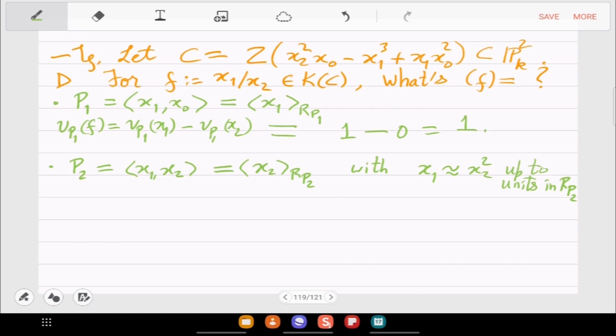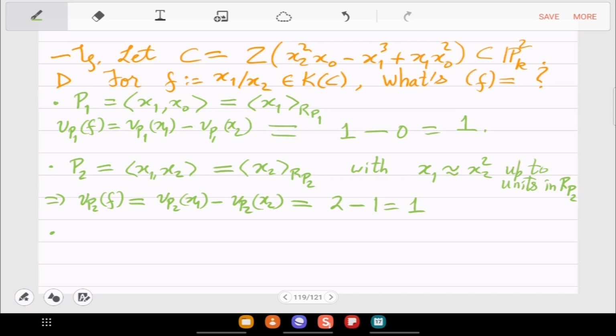In other words, valuation of x1 is 2. So valuation of the function is valuation of x1, which is 2, minus valuation of x2, which is 1. So you get 1. Okay, so you can see that both P1 and P2 are genuine zeros of multiplicity 1. They are simple zeros of the function. What remains?